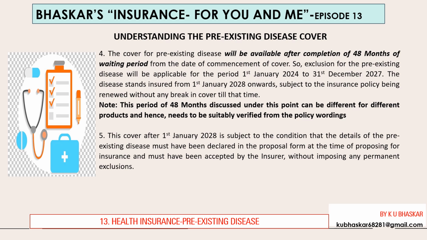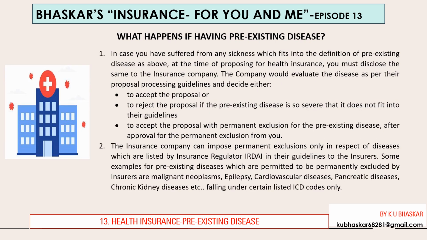Now, if there were any pre-existing disease at the time of taking the policy, what happens to the coverage? In case you have suffered from any sickness which fits into the definition of pre-existing disease as above, at the time of proposing for health insurance, you must disclose the same to the insurance company.